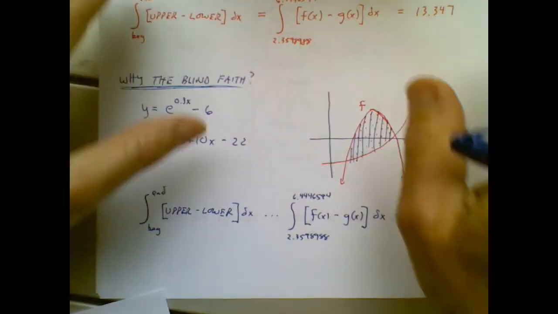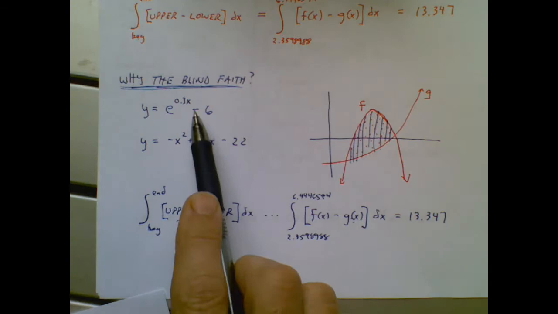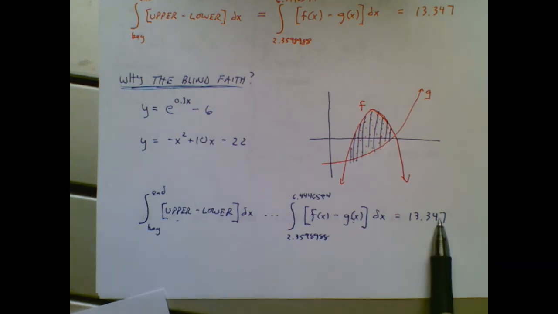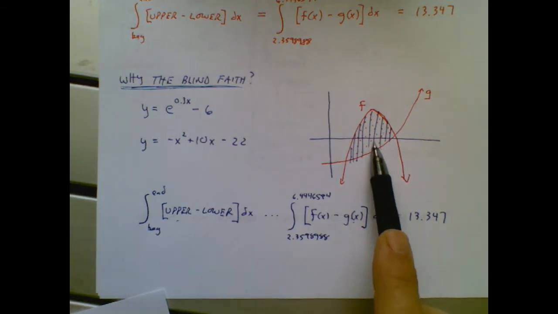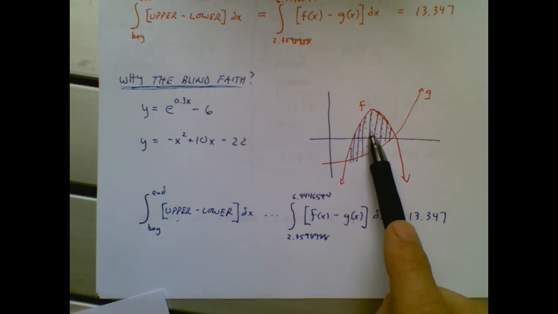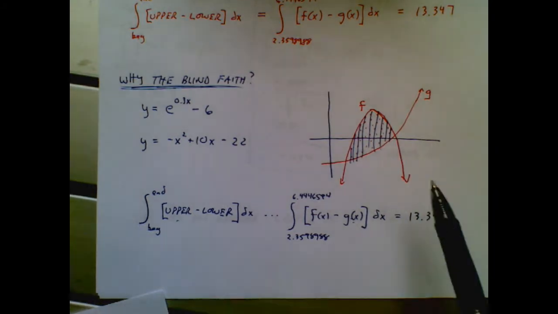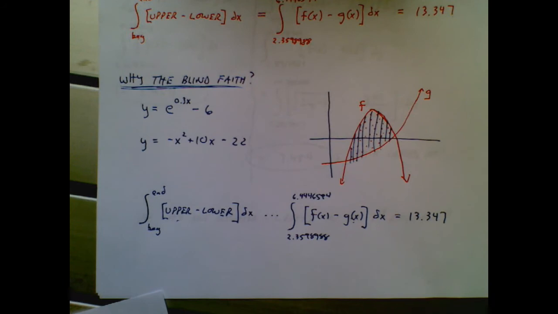If I go ahead and do upper minus lower, I remember I have a new f of x and a new g of x. I'm using these, but I still get the exact same answer, meaning the amount of area did not change even though the location changed. So don't be worried if that region is in negative territory, positive territory, negative x values, positive y values. It doesn't matter. Just upper minus lower is the way to go. It's really that easy.